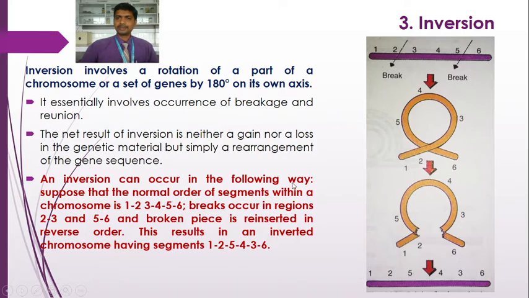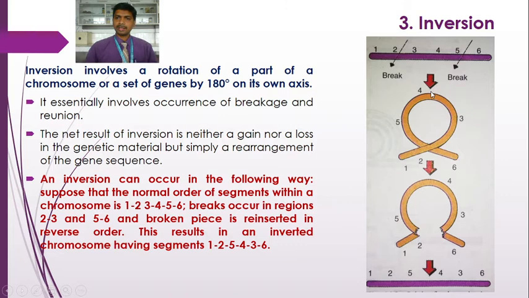So this is the case of inversion, where the net result is neither a gain nor a loss in the genetic material but simply a rearrangement of the gene sequence. Inversion essentially involves occurrence of breakage and reunion.